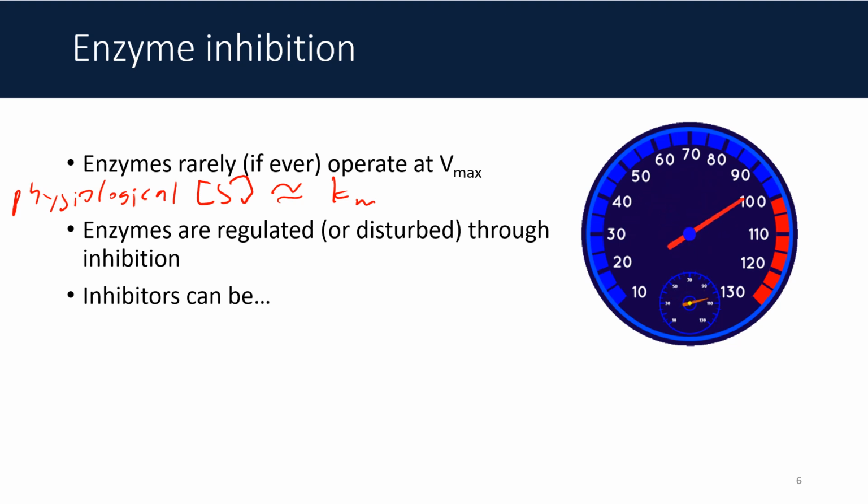And that's kind of nice because that's a middle of the road value which gives the enzyme room to work faster or work slower, depending upon what homeostasis requires. And biology usually likes to be conservative.